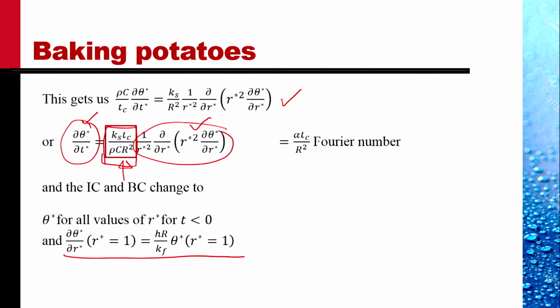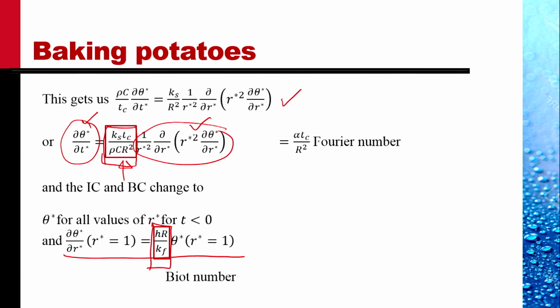Alpha tc by R square is a term that we came across earlier, and we had named it the Fourier number, Fo. And we get this other parameter, which is termed the Biot number, hR by Kf. h is the heat transfer coefficient in the fluid, R is the radius of the potato, and Kf is the thermal conductivity of the fluid.